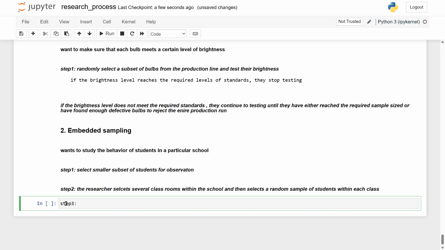So then the researcher observes these students during their regular class time, collecting data on their behavior and academic performance.